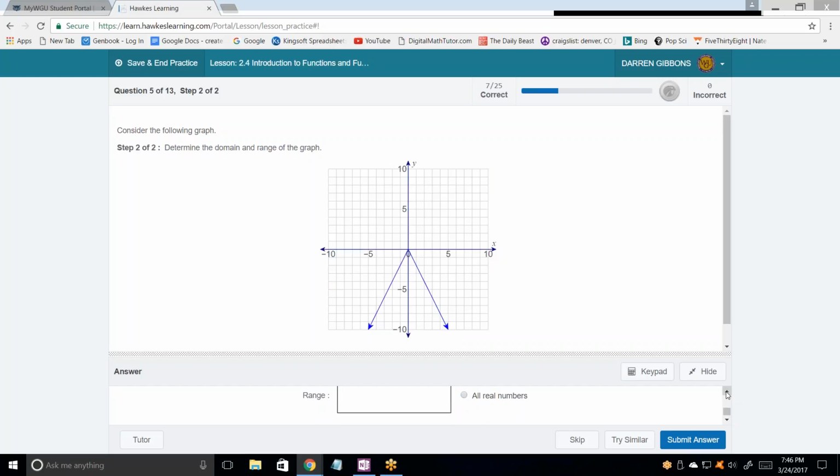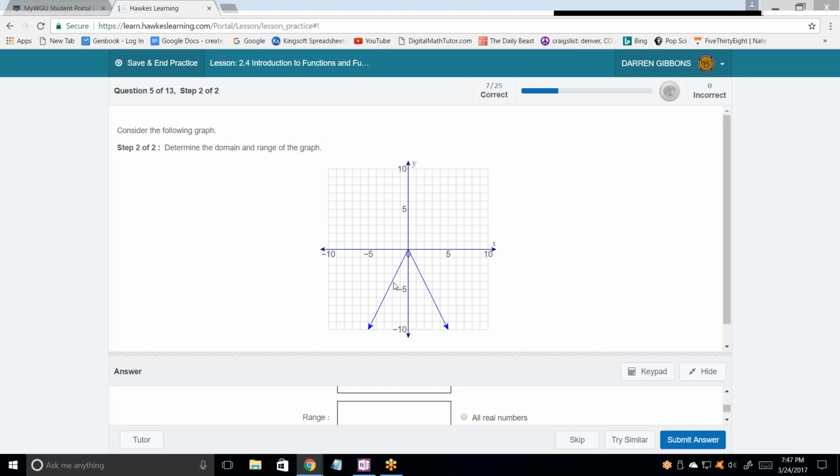Now range. Range, look vertically. It's the same. Y never goes positive, right? The value for Y is always a negative number in this case.